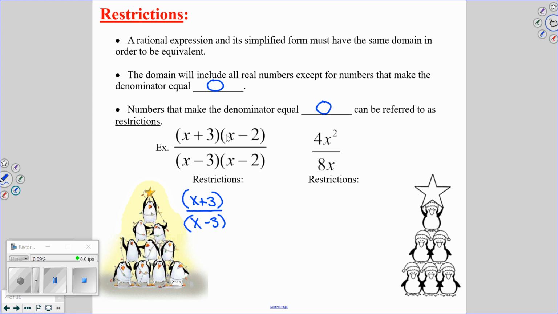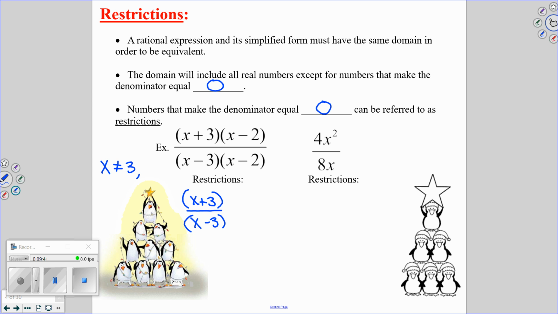They're like extra answers that might show up that actually don't work, because they'll put a 0 in the denominator, which is not allowed. So in this example, what would the restrictions be? What would x be that would put a 0 in the bottom of this? What would x be? What would 3?